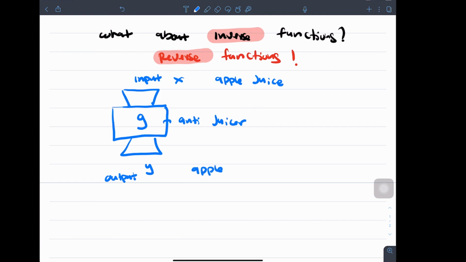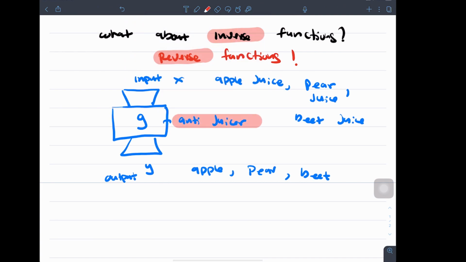It goes back in reverse. If I put pear juice in there, what do you think I'll get? Pear. If I put, for example, beet juice, what do you think I would get? A beet, because it's supposed to work how? In reverse. It's the anti-juicer.